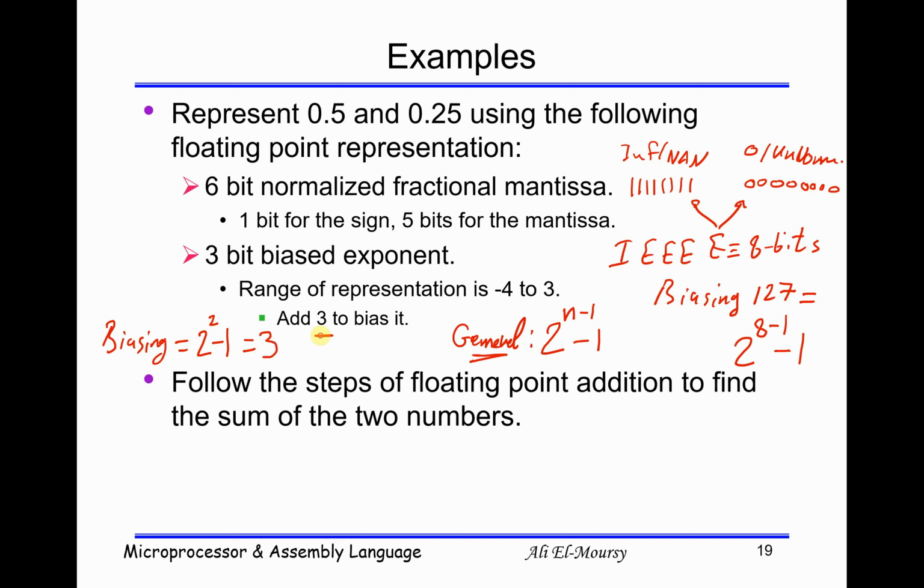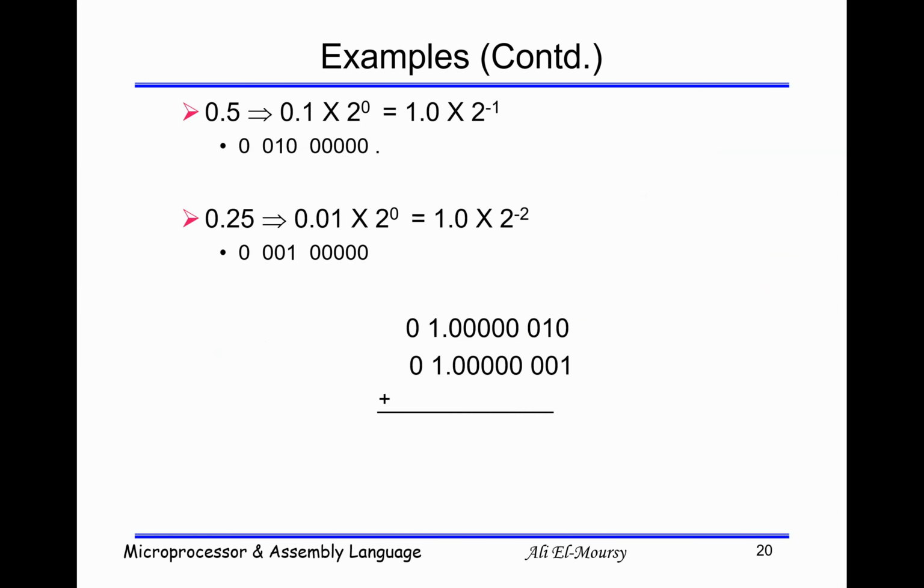So I have to add 3 to the value of the exponent in order to bias it. Following the steps for floating point in order to perform the operation, our next step is to solve this example.